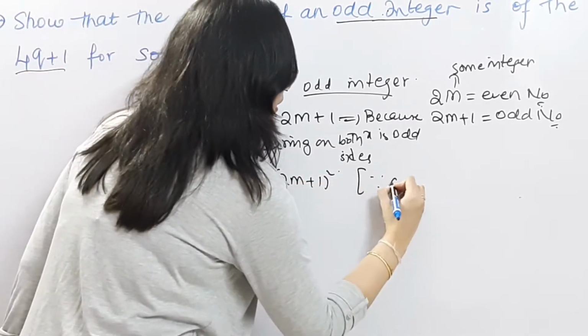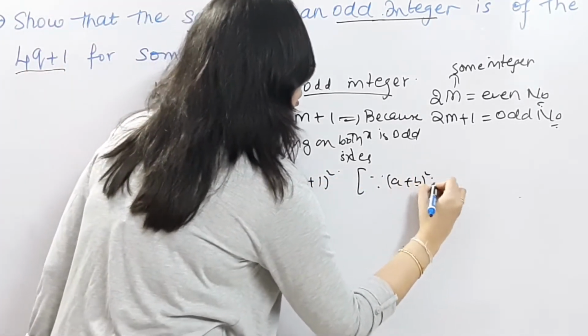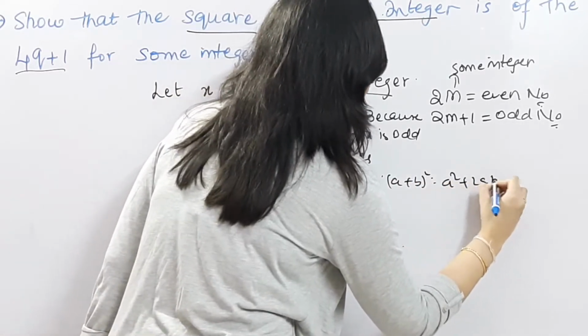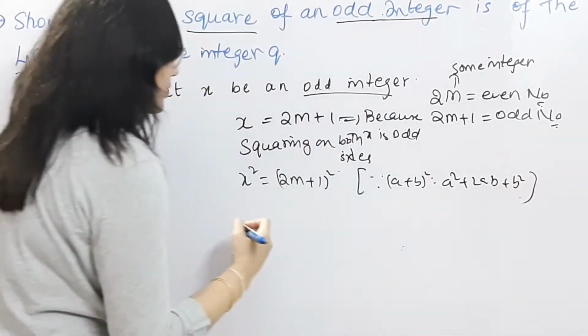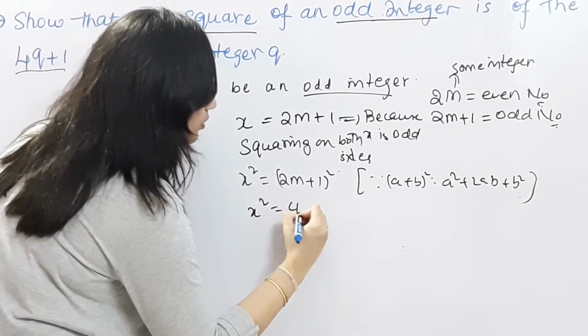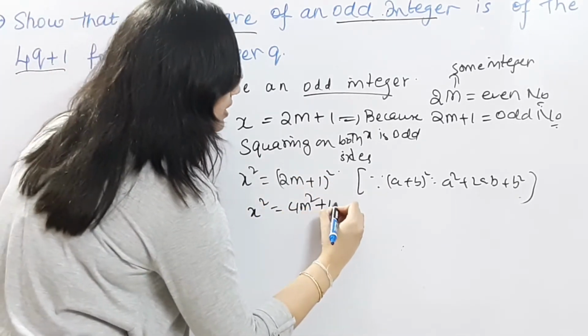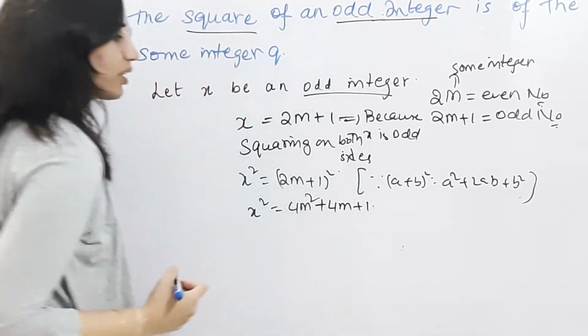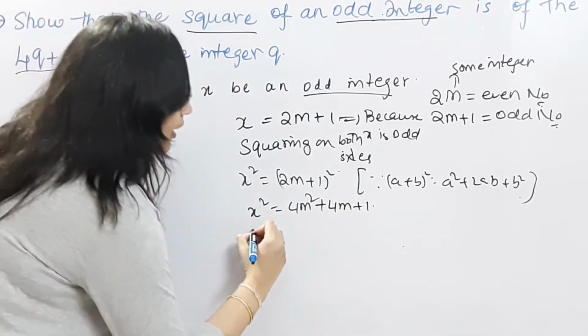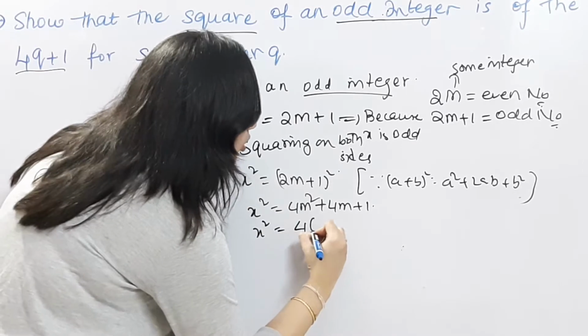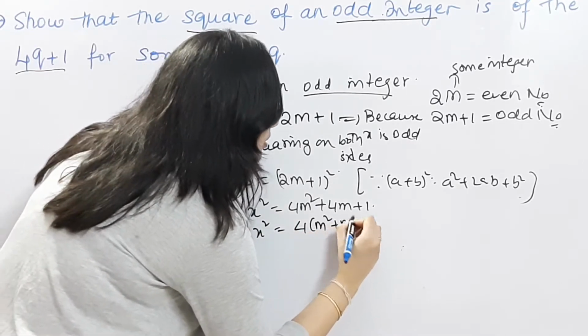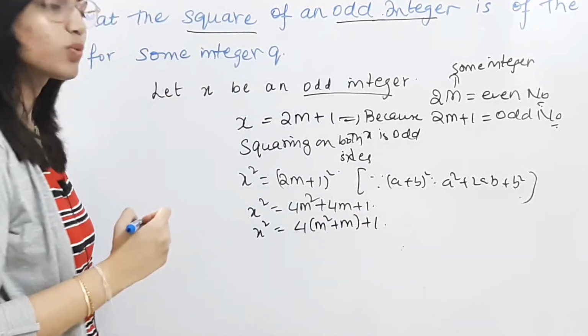Now here you apply the a plus b whole square formula, a square plus 2ab plus b square. So x square is equal to 4m square plus 4m plus 1. Right? And can we take 4 as common here and write 4 times m square plus m, plus 1?